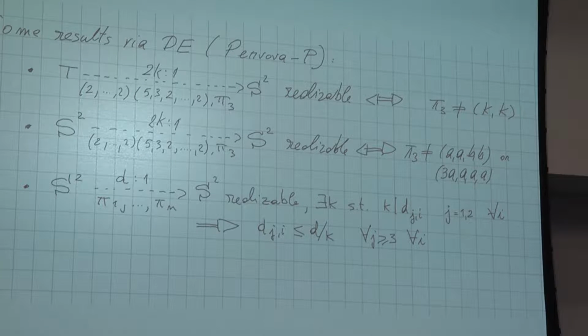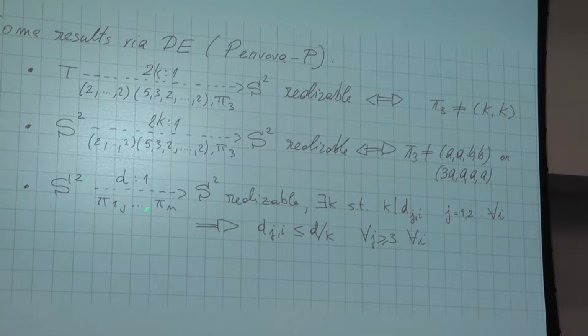And another theorem that is quite useful to understand some exceptions. I should add that there was a Chinese mathematician, Zheng, who tabulated all exceptions up to degree 21 by computer, and there are many of them. So this is an easy criterion that's actually quite useful in understanding some of these exceptions.